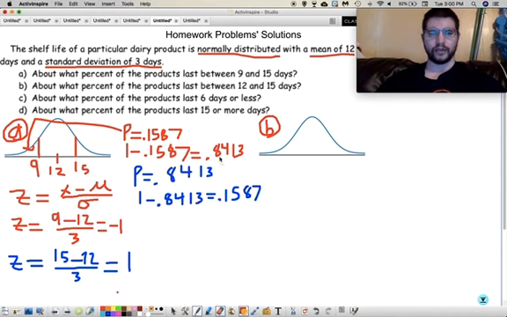So we're now going to subtract these two to see what our total probability is. It'll be a decimal, and we'll convert it to a percent after that.